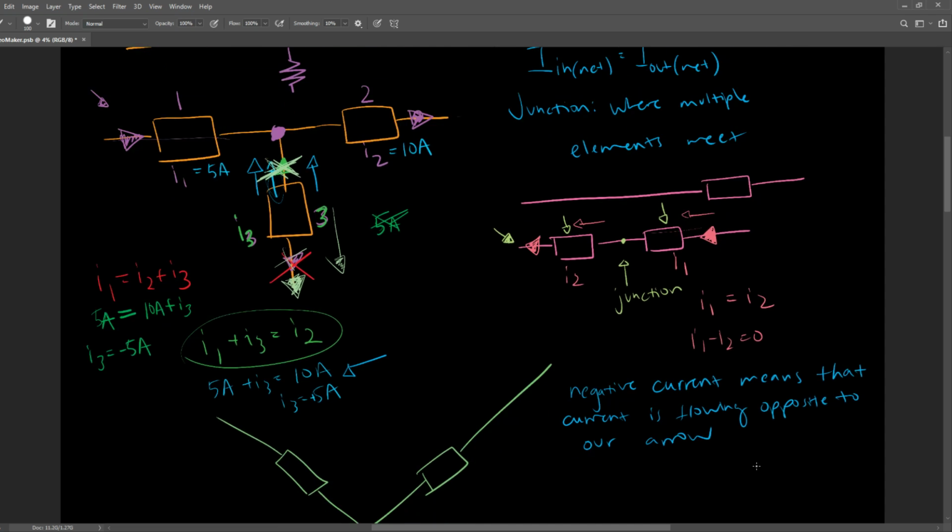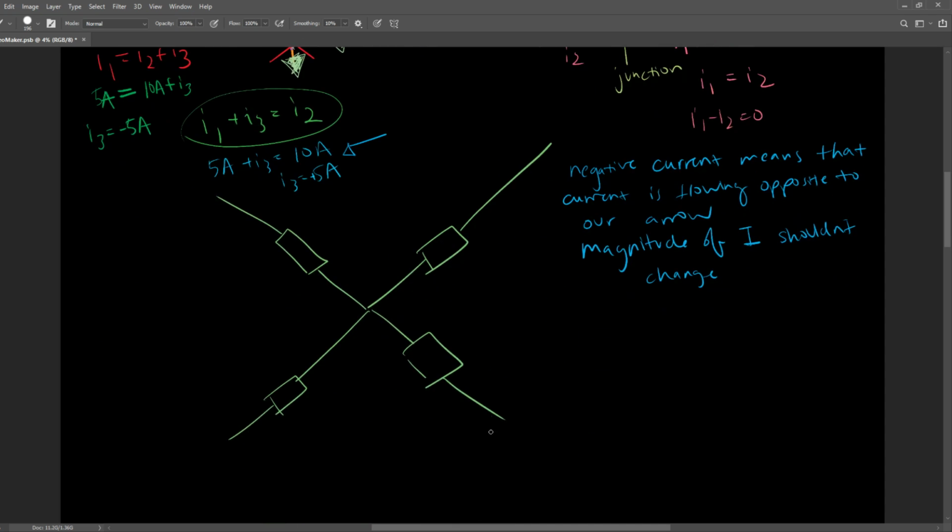Magnitude should not change if we've solved properly. Magnitude of I shouldn't change. And that's pretty much what it means.